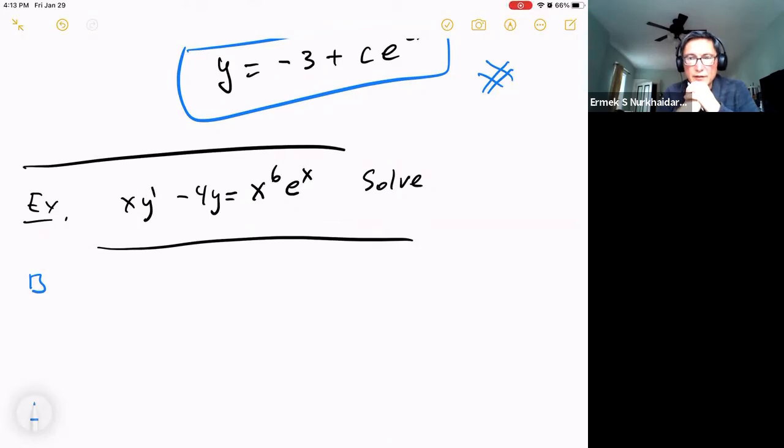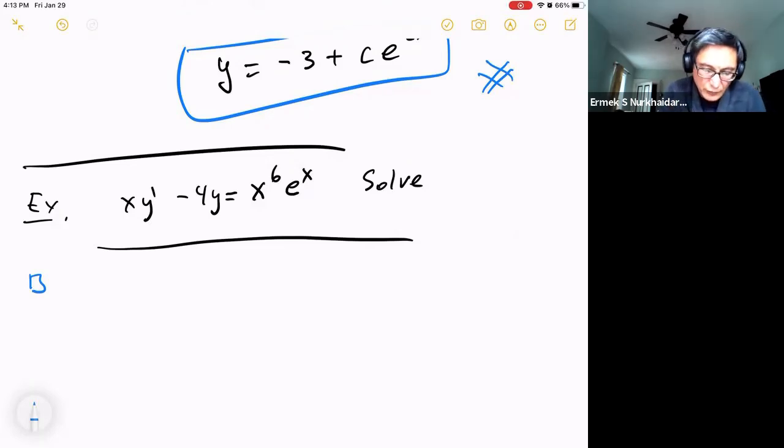I'm going to give you a second to realize that you have to do a preliminary step here, right? Because you notice that the coefficient of y prime is not 1. So we have to adjust it to make it into standard form. So don't forget that the method we are doing is for standard form.